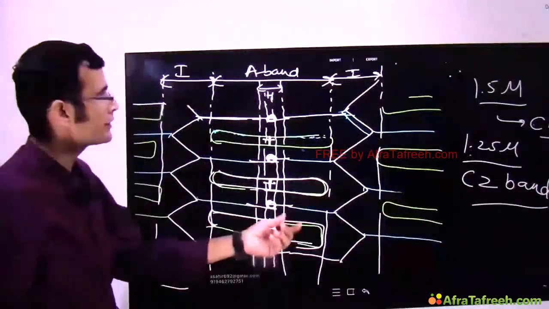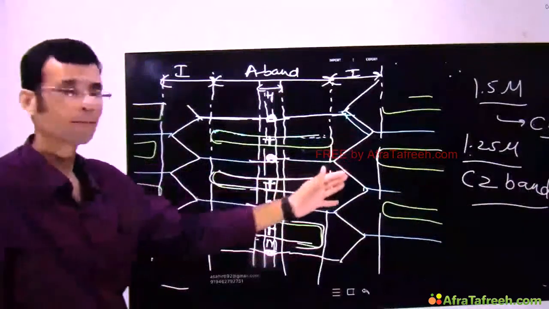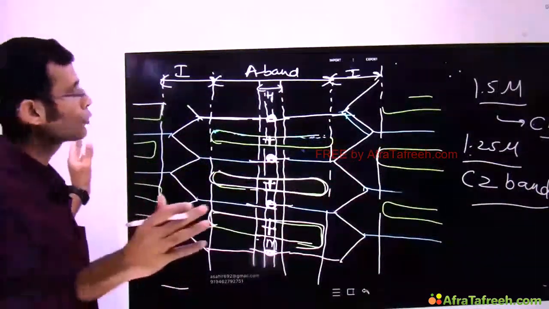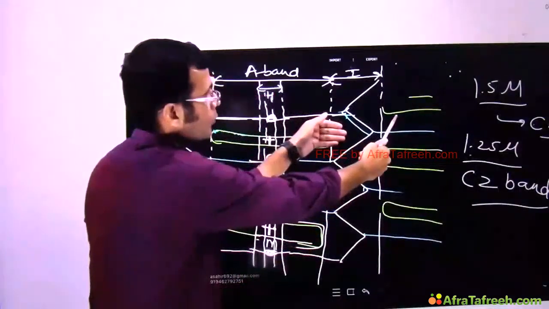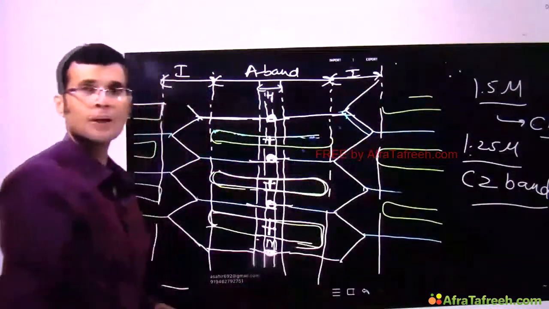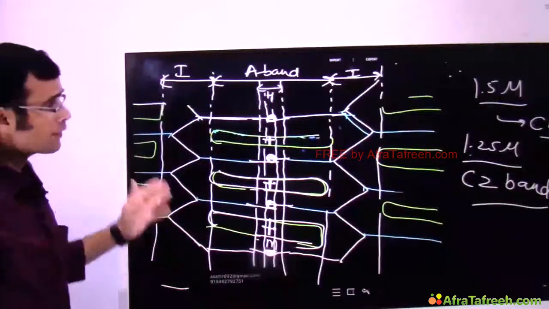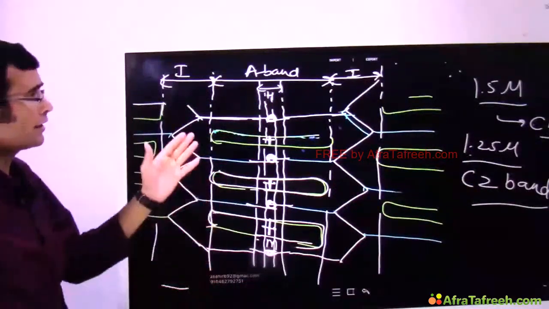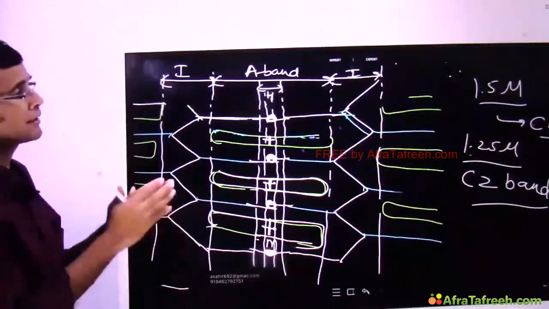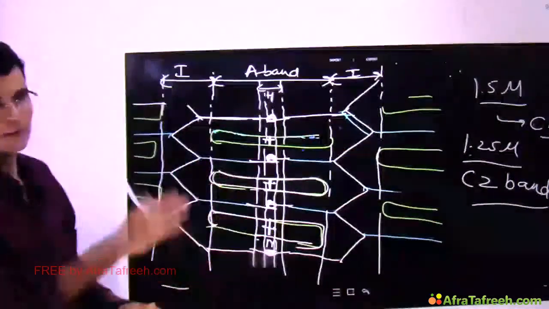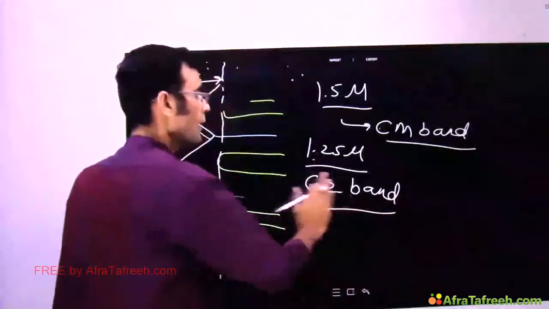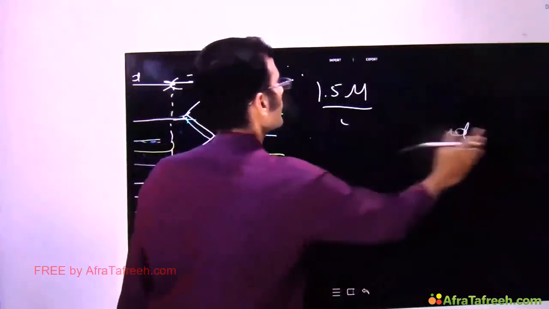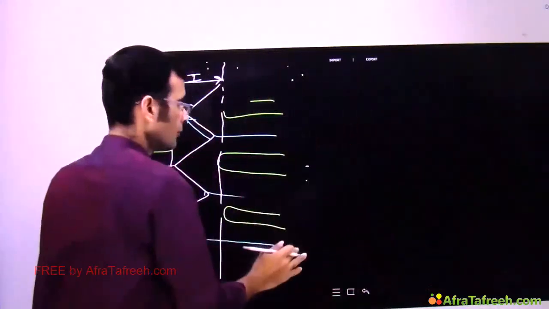This is the darkness around the Z line, because now there is so much shortening that the ends of the thick filaments will be very close to the Z lines, and therefore another dark area is created around the Z line, called the CZ band. These are the bands in the skeletal muscle sarcomere, and these are the changes that happen with muscle contraction.